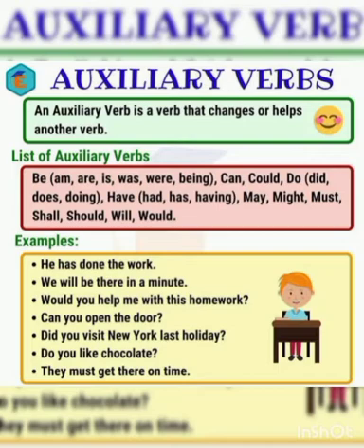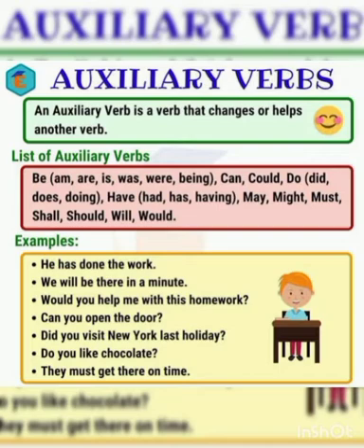That is the list of auxiliary verbs. In your book also it is written: the forms of be, am, is, was, were; have, has, had; the forms of do, does, did; then can, could, may, might, will, would, shall, should, must, ought to. You need to remember these all are auxiliary verbs.